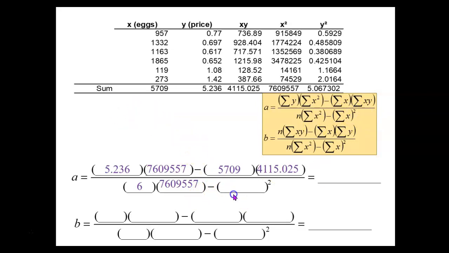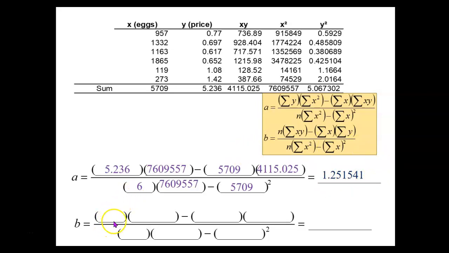So we're taking the number 5709 and squaring that. When you put this into the calculator, you need parentheses around the numerator, divided by parentheses around the denominator, and it should come out to be 1.251541.